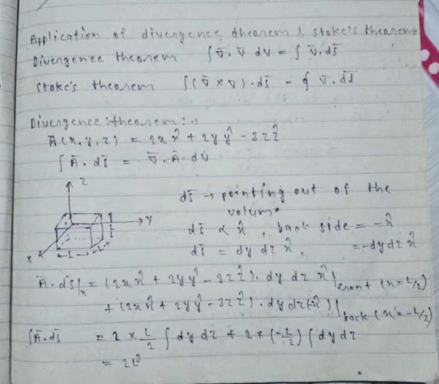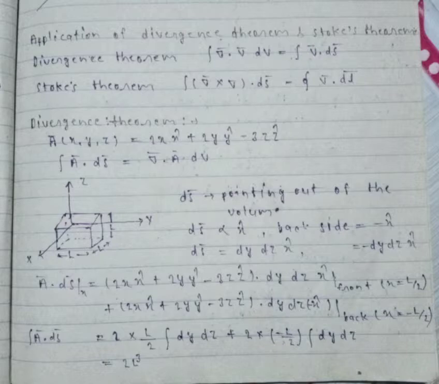A is nothing but 2x in the x direction plus 2y in the y direction minus 3z in the z direction, dot ds, which will be dy dz in the x direction for the front surface, where x is equal to L by 2, plus 2x x-hat plus 2y y-hat minus 3z z-hat dot dy dz times minus x-hat at x equals minus L by 2. That is the back surface.